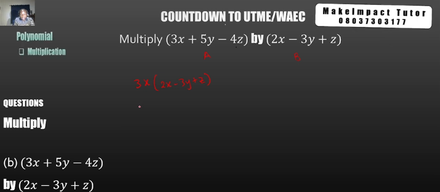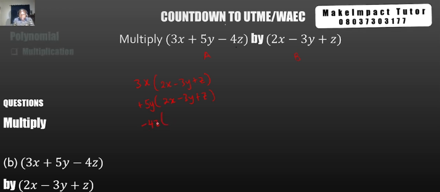And then I have plus 5y times the second bracket again, 2x - 3y + z. And then I have minus 4z times 2x - 3y + z.